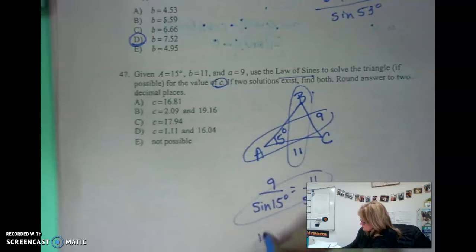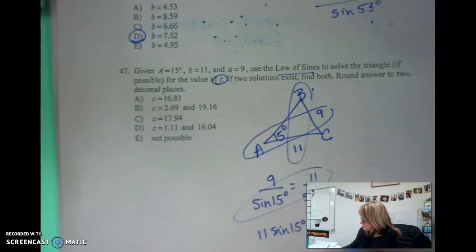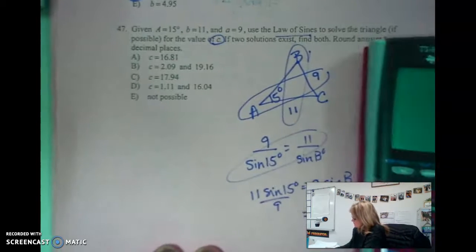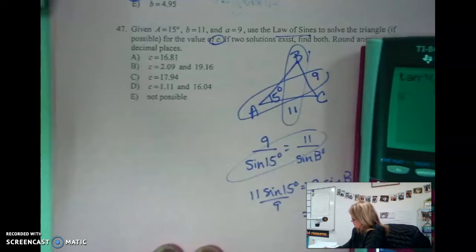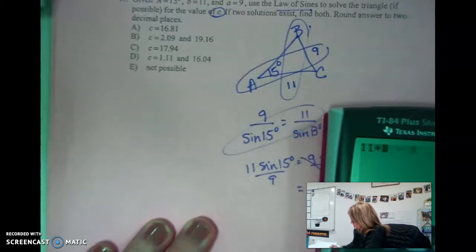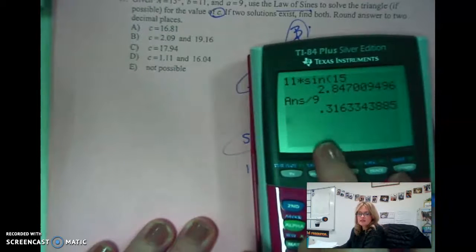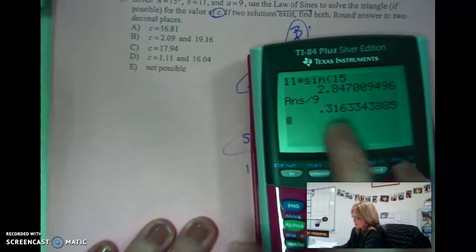and cross multiply, 11 sine of 15 degrees equals 9 times the sine of angle B. Divide both sides by 9, and remember, when you're doing this on your calculator, not only do you want to be in degree mode, but I have 11 times the sine of 15, then divided by 9, and that doesn't make sense. But remember, you're getting the theta, or the inverse.